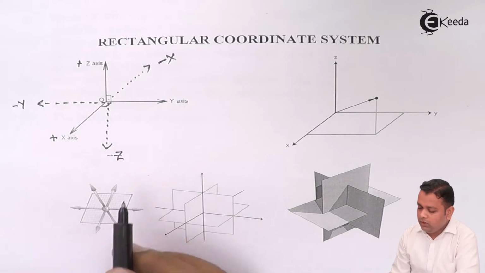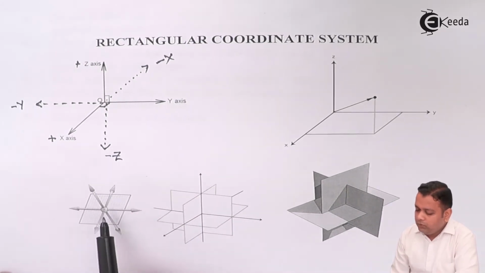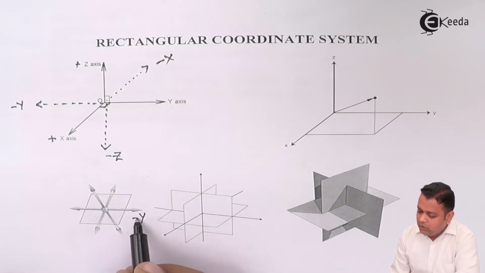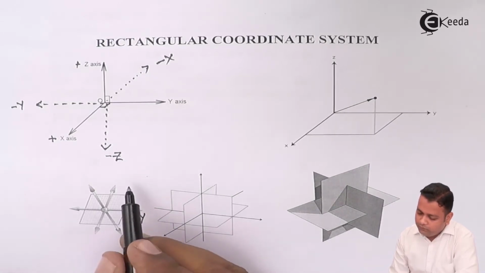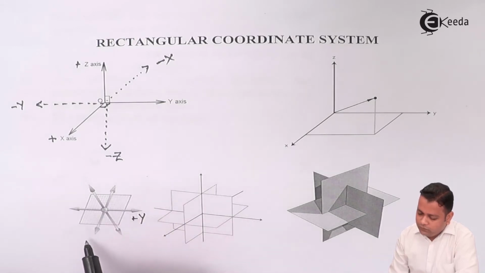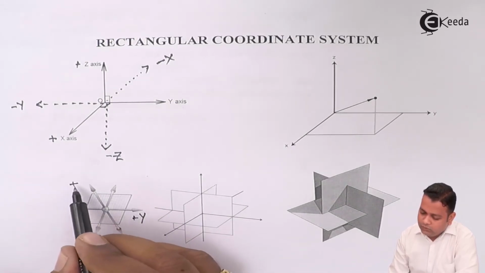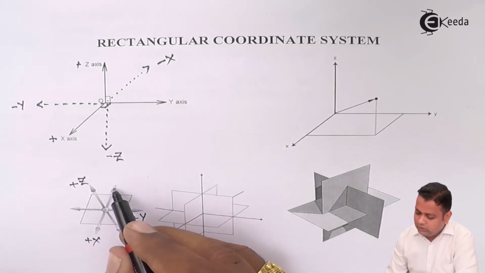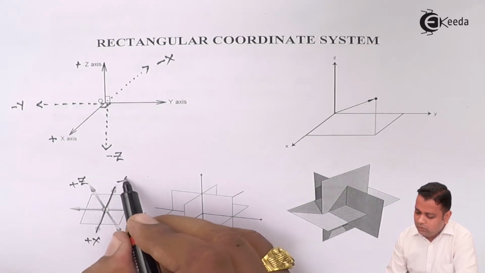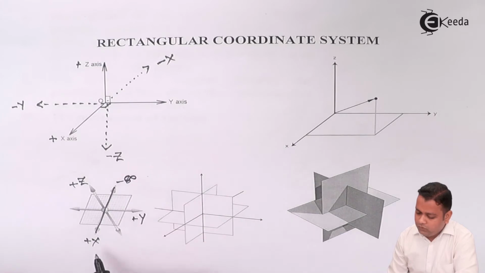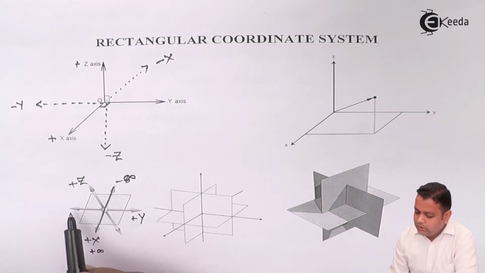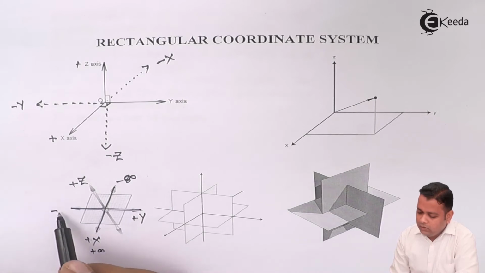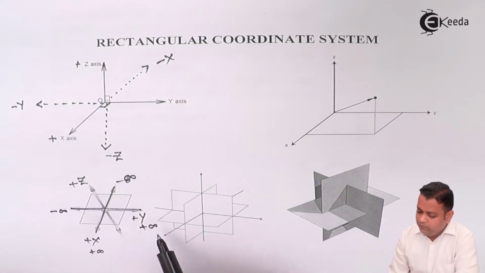minus Z. In this diagram, it will be more clear that two axes form a plane. Suppose this is the positive side of Y, this is the positive side of X, this is the positive side of Z. So x-axis ranges from minus infinity to plus infinity. Y-axis from minus infinity to plus infinity.